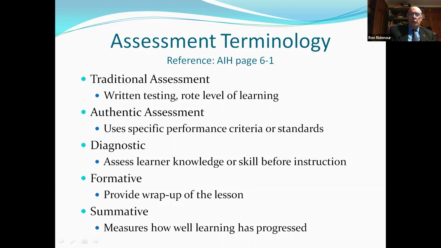The formative part of the assessment terminology would be to provide a wrap up of the lesson, in other words, a debrief, as we call it. We want to make sure that we provide the learner with an evaluation of their performance, both good and bad.